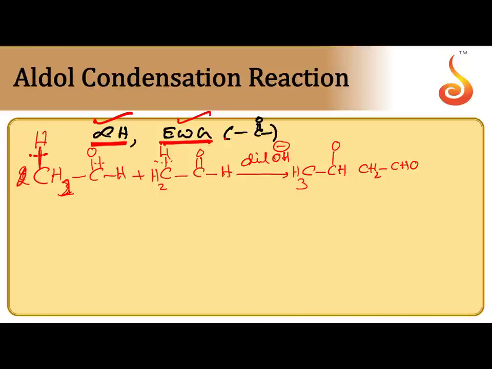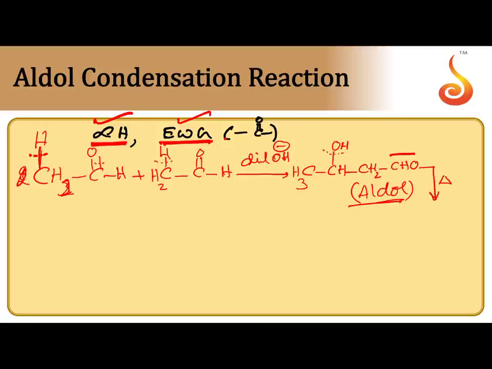So now H, which is coming from alpha hydrogen of other aldehyde molecule, attached to O. Two carbons, alpha carbon and carbonyl carbon, get connected newly. This type of compound is called aldol. Since aldehyde group and OH group is there, this compound is called specially aldol. This is addition product.